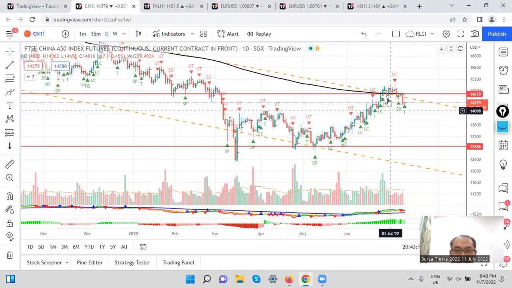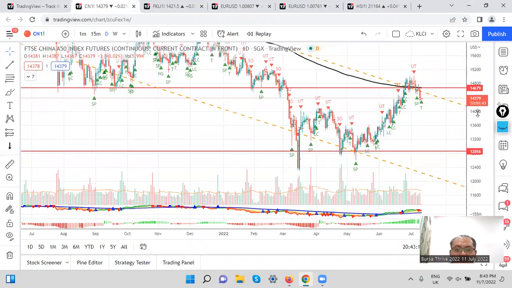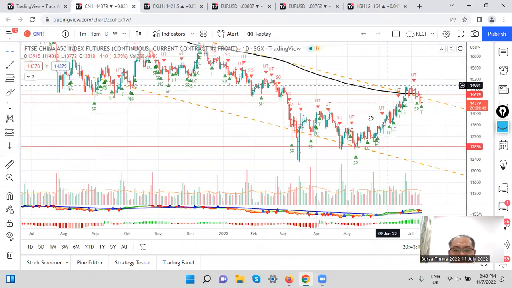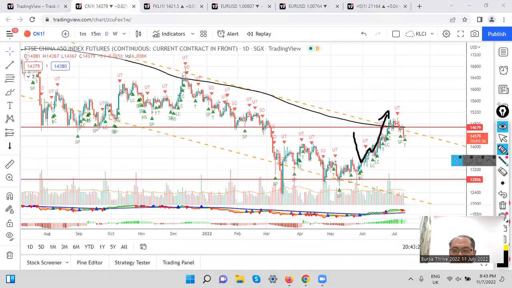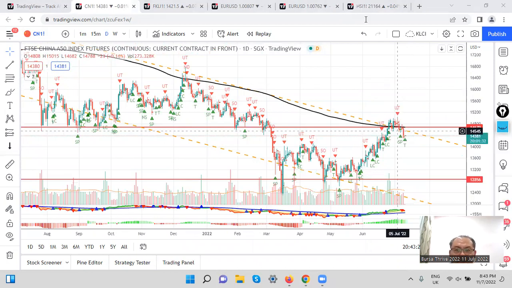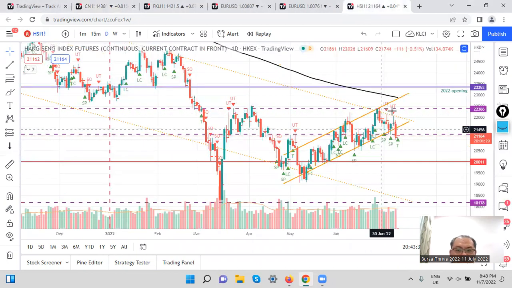This is the stock. However, both of them, the Taiko, the big boss of Asia, have already reached the top here, and the Hang Seng Index is the same.